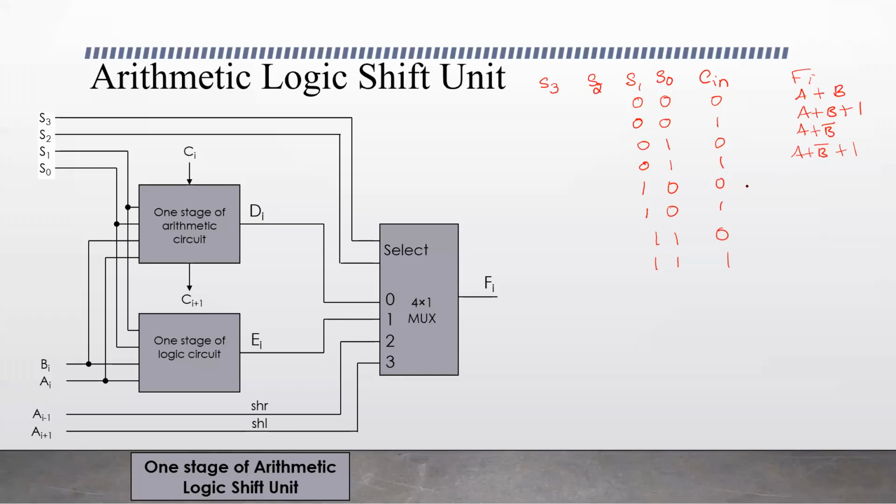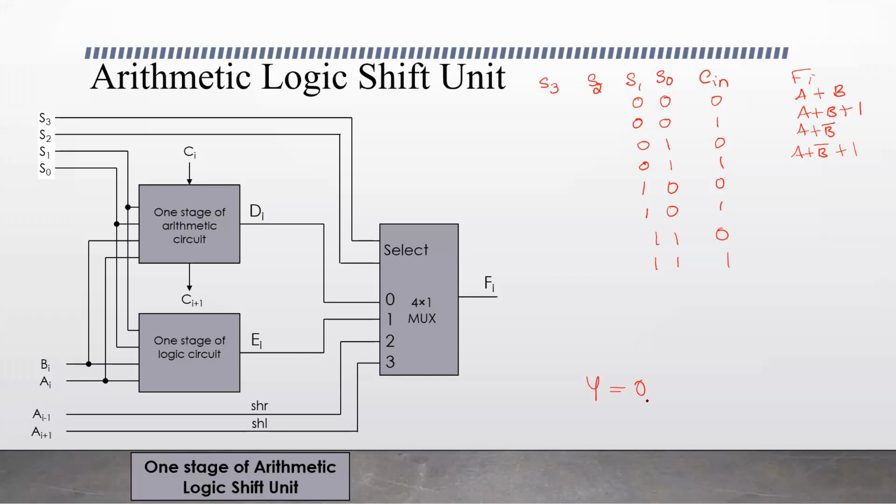Now 1 0 with carry 0. You can recollect the function table we wrote when we learned about arithmetic micro operations. With S1 and S0 being 1 and 0, what is the Y input? Somebody can tell me? It is logic 0, right?